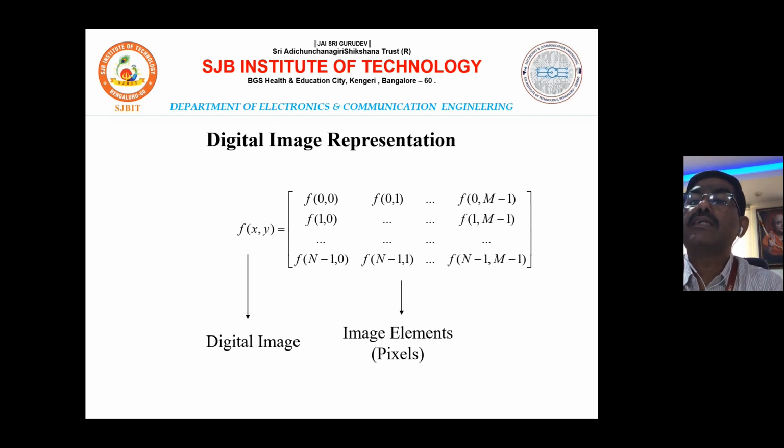The image elements are pixels. We start from f of 0, 0 to f of 0 comma m minus 1. Similarly, on the other axis, we start from f of 0, 0 to f of n minus 1 comma 0.